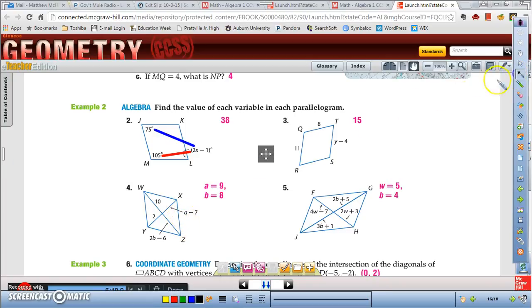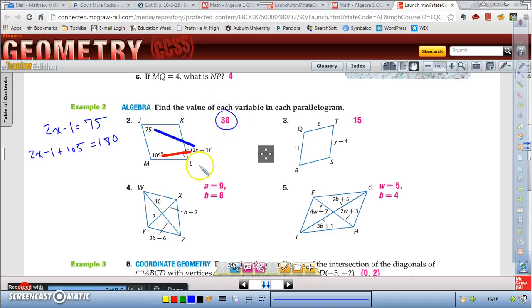So there's two separate equations that could have been set up here to solve for x. You can either do 2x minus 1 equals 75, or we can do 2x minus 1 plus 105 is equal to 180. Okay? Either one of these would get you an answer of x is equal to 38.